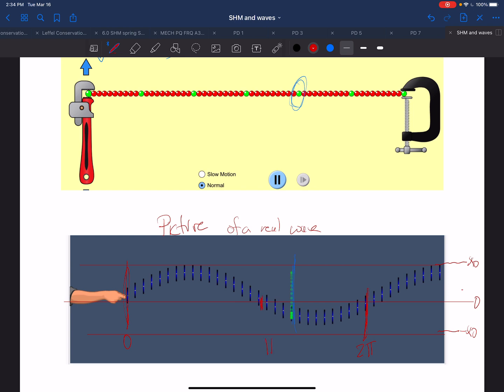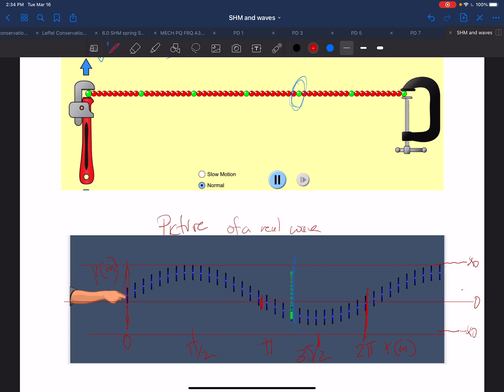This would be pi, and 3 pi over 2, and pi over 2 radians as that cycle goes. This horizontal axis, we're describing it as where it is in the circle, but it has an axis of x in meters, and this axis is y in meters.